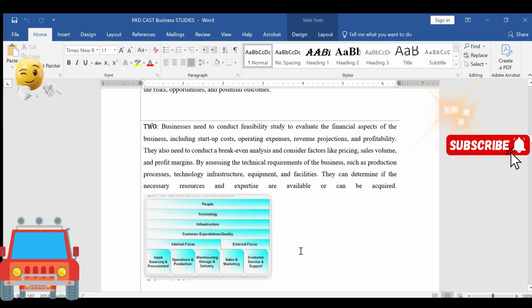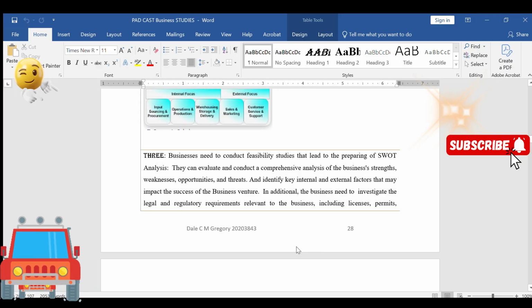By assessing the technical requirements of the business, such as production, processing, technology, infrastructure, equipment, and facilities, they can determine if the necessary resources and expertise are available or can be acquired.